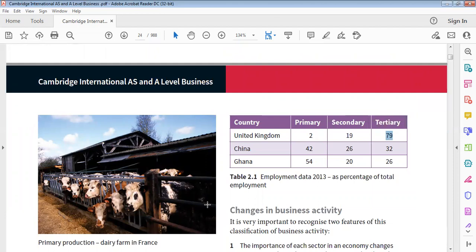And then in China, you can see the highest number of people are still involved in primary, then some secondary, and then some in tertiary. And in Ghana, it's the opposite. The highest are employed in the primary. So it varies from country to country.